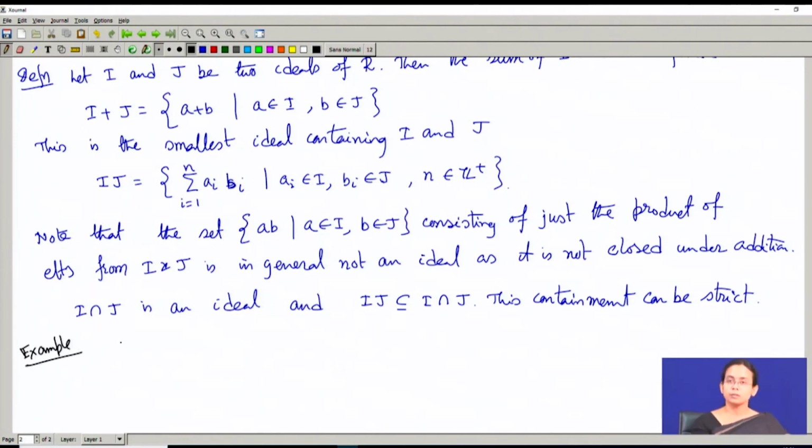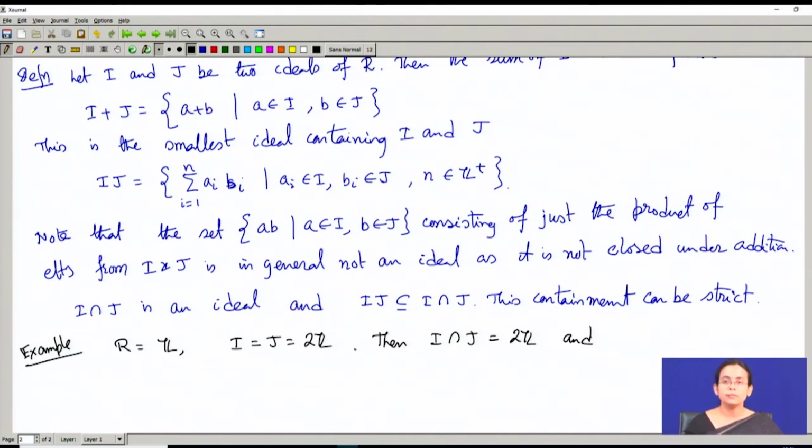Suppose, the simplest example, I consider my ring to be the ring of integers Z, and I am considering my ideals I and J to be the same ideal, say 2Z. Then what will be your I intersection J? I and J both are the same ideal, so I intersection J is nothing but 2Z only. But what is your IJ?